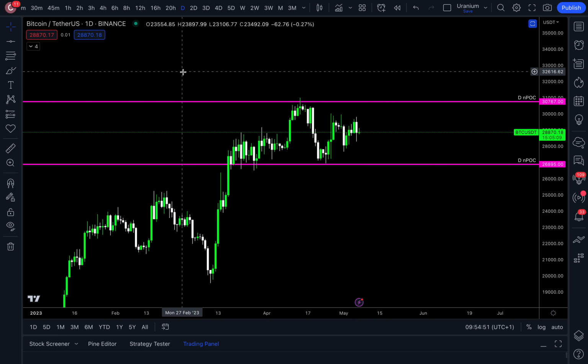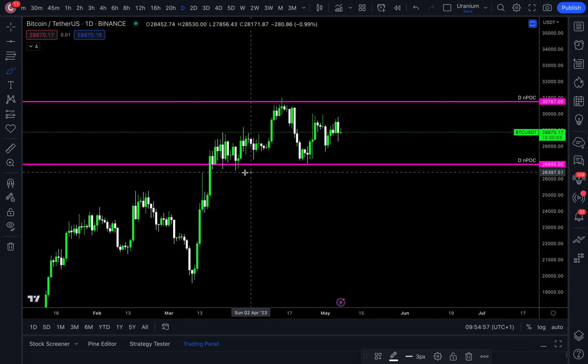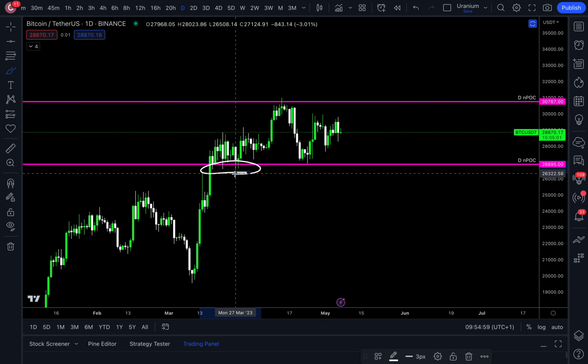Now, price will eventually leave the range. And if it does, what will I be looking at? Well, we've got these lows down here.